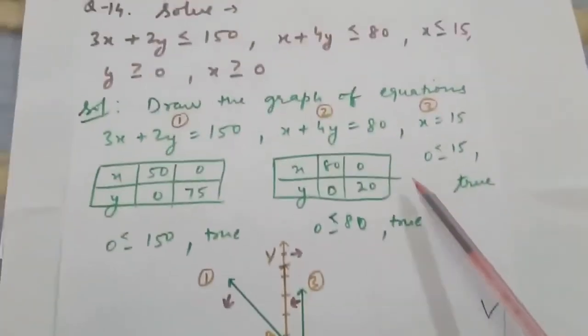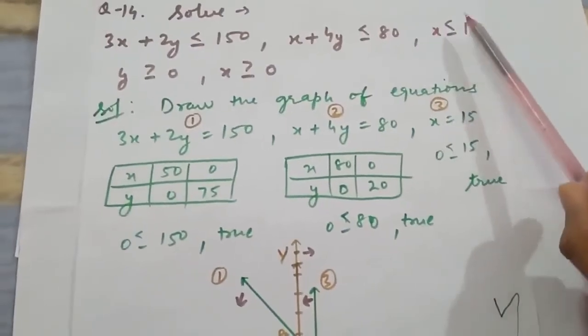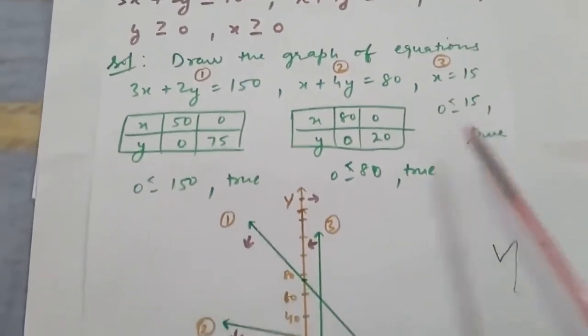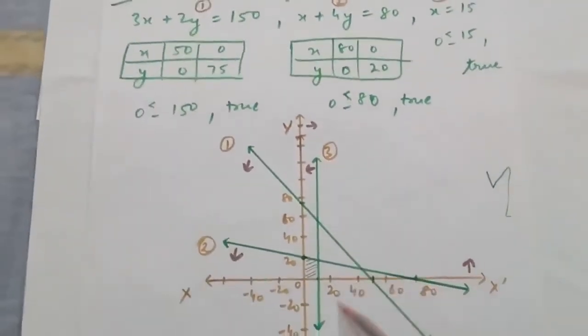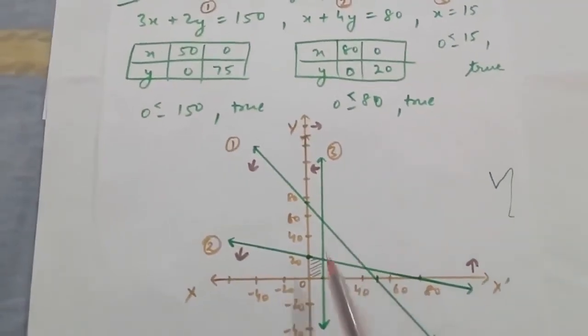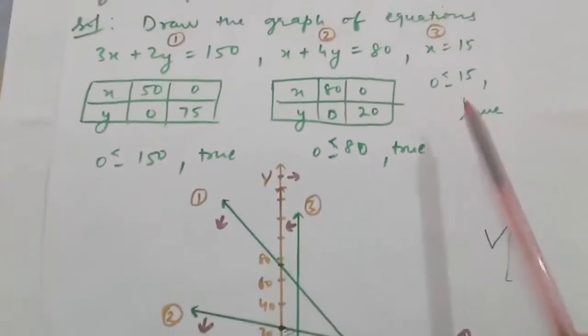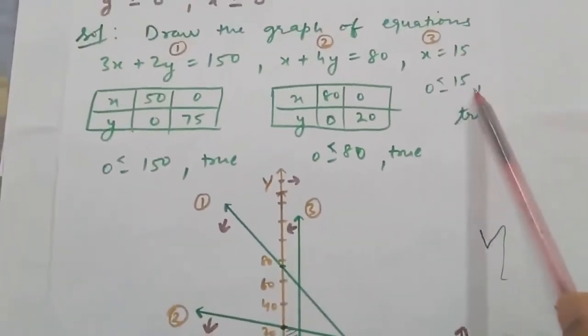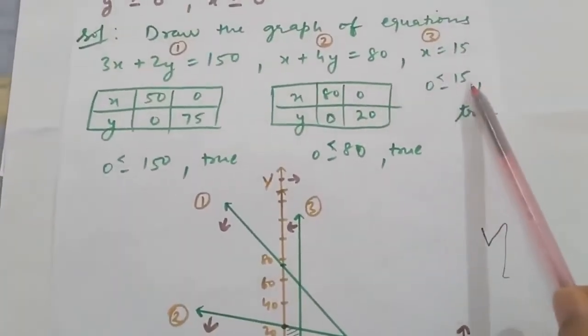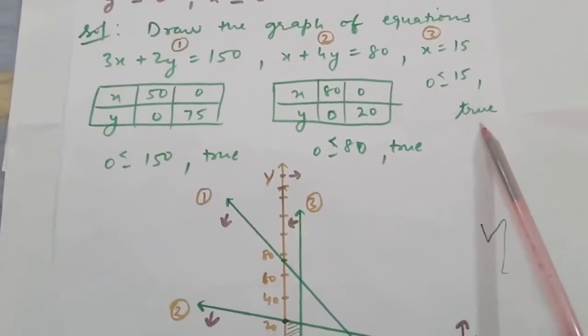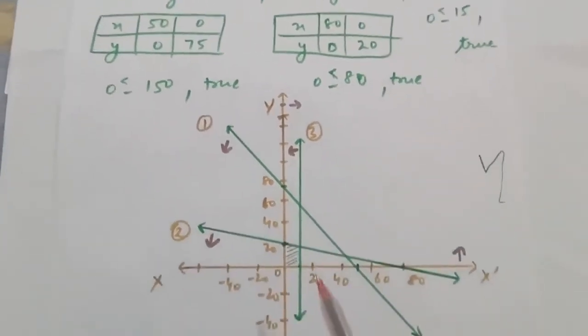Now for third, it is x equal to less than 15. This is the equation. As you know, x is 15 here, so x will be less than 15 on this side only. Or you can check it by the origin test that 0 equal to less than 15 is true, right? So the solution will be towards the origin.